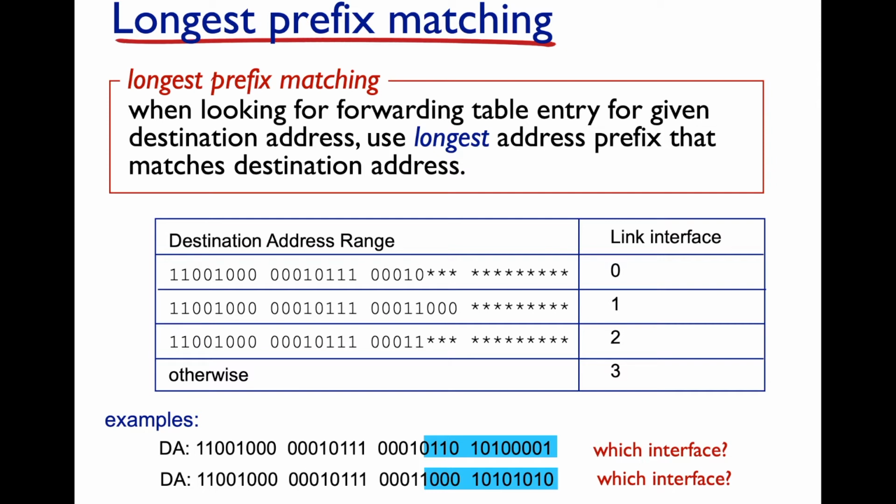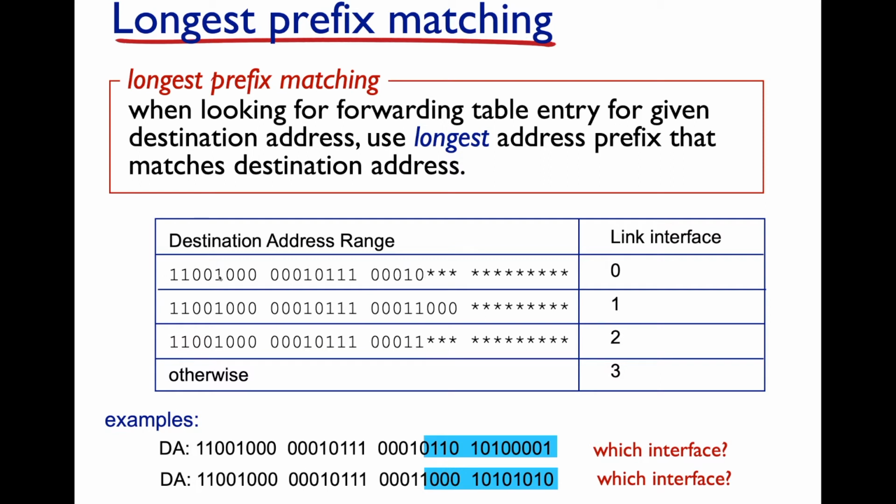That essentially allows you to define this idea of smaller networks within a larger network, where a network is nothing more than a range of addresses. And so here we have an example of that. We have destination address ranges, and this star or wildcard means it doesn't matter what the other stuff is. It's going to match these first 8, 16, 18, 20, these first 21 bits.